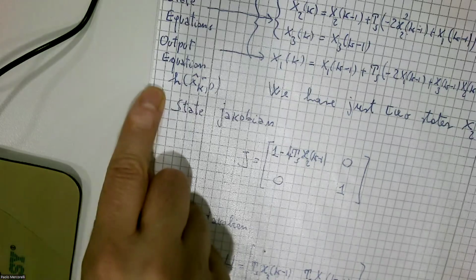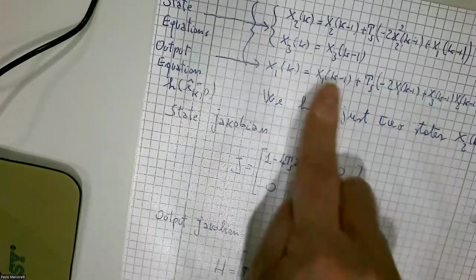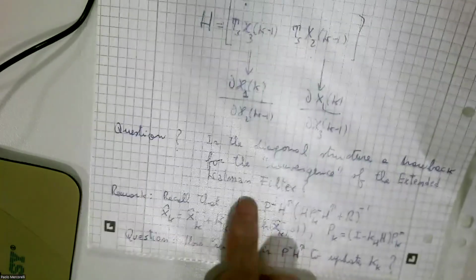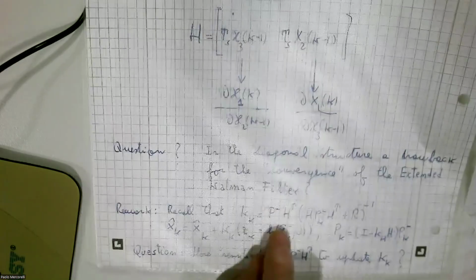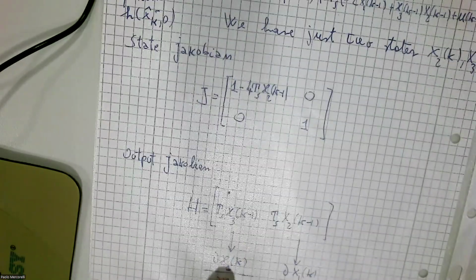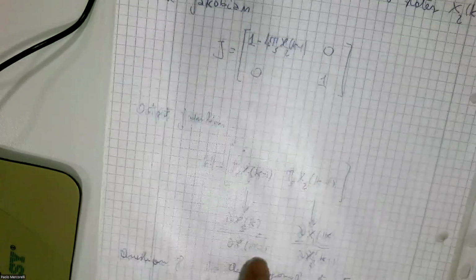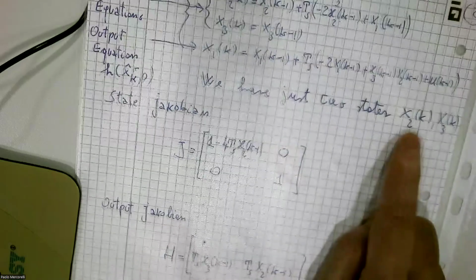Yeah, x1, because I am measuring, equals this expression. The Jacobian, which plays a role in K, which is not zero, is calculated here. Basically, x1 of k with respect to x2 of k minus 1. Why x2 of k minus 1? Because the state is x2.